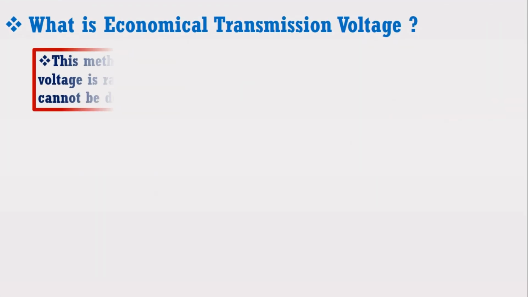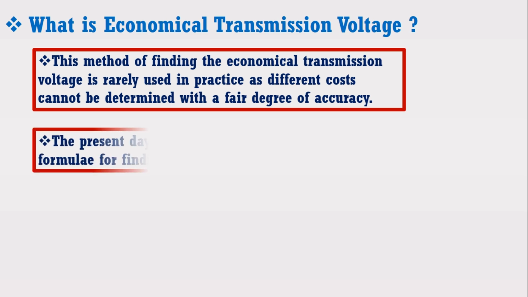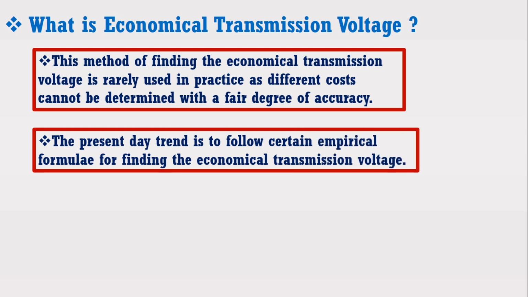However, it may be noted that this method of finding the economical transmission voltage is rarely used in practice, as different costs cannot be determined with a fair degree of accuracy. Therefore, the present day trend is to follow certain empirical formulas for finding the economical transmission voltage.